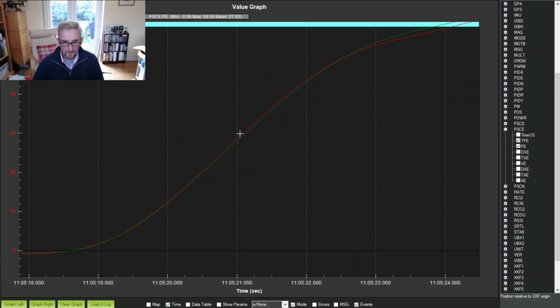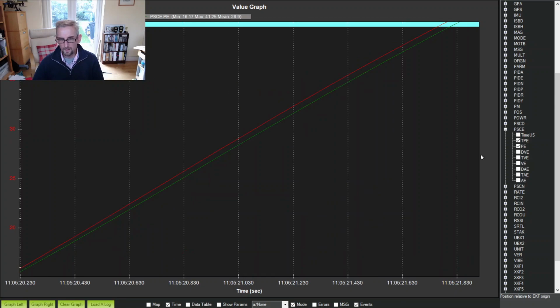But if we look here, target versus actual position, there's still a fairly significant deviation of about a meter. So this is in meters. So our actual position is about a meter behind where we want to be target-wise, and I'll come back to that in a second.